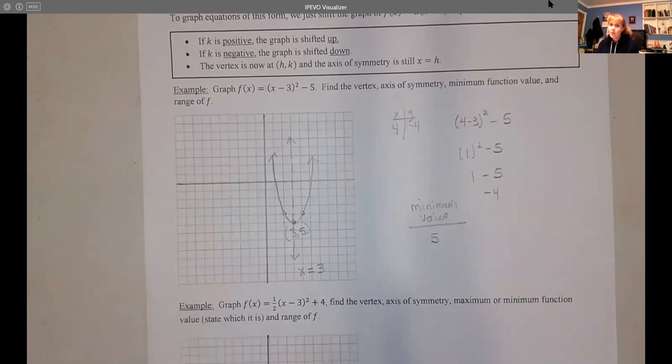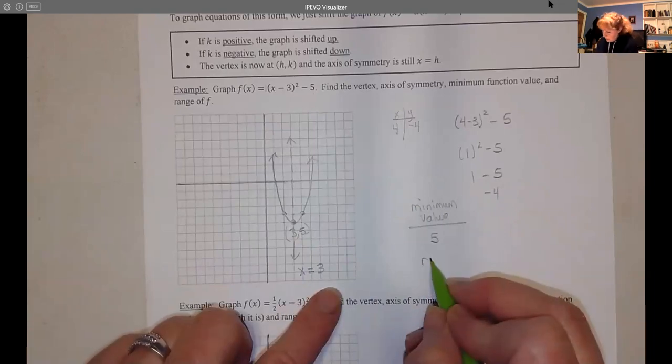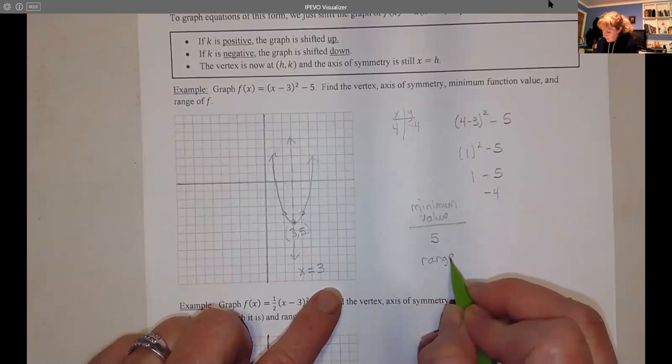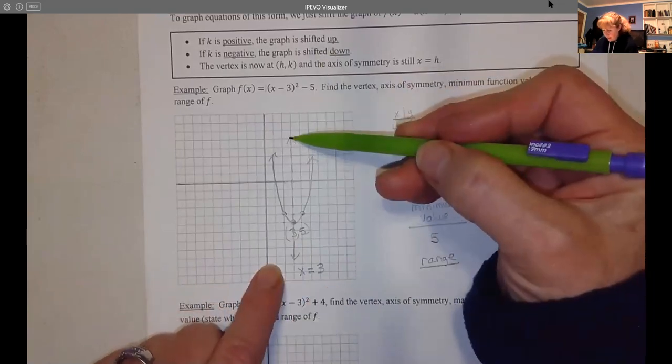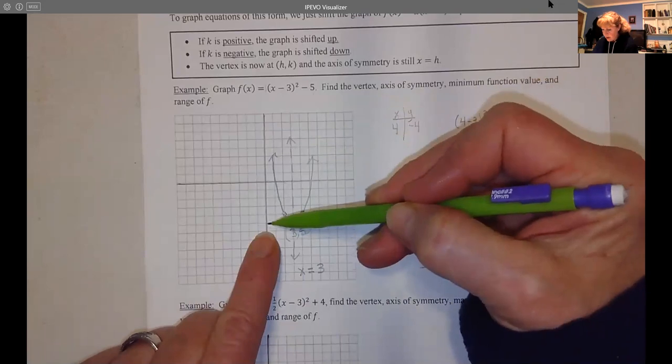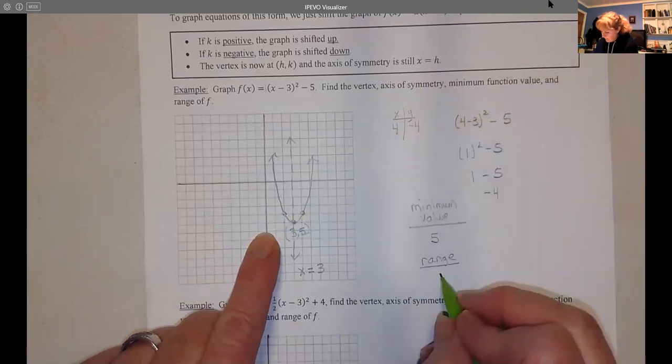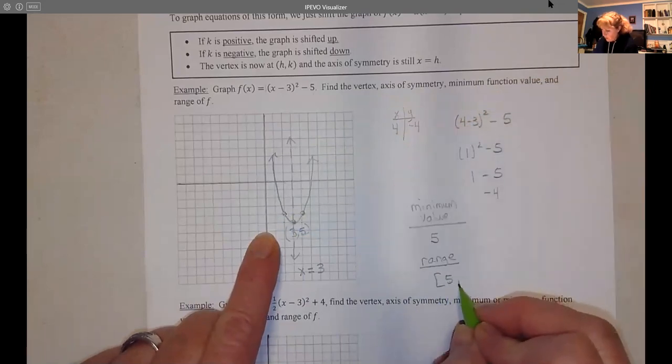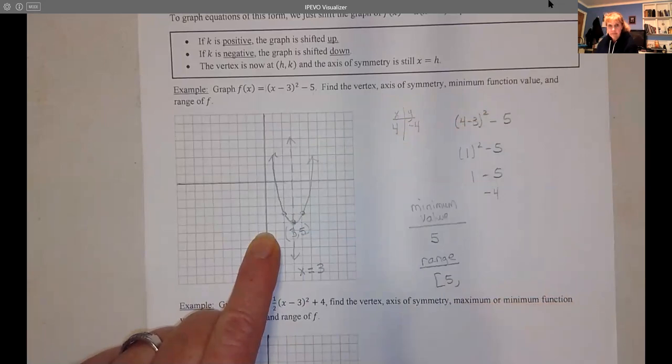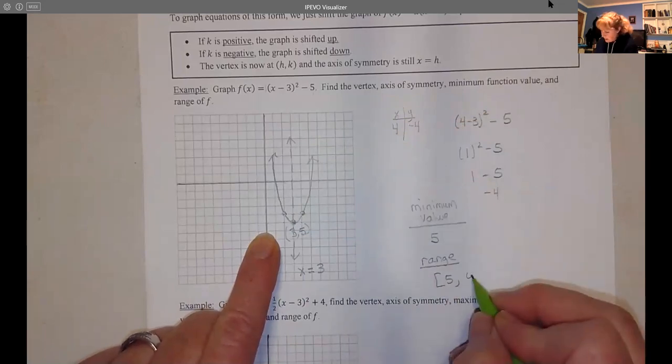That also helps us with the range. The range is also based on the y. The smallest y is a 5. These will always be including that. And we're going up, so it's a positive infinity.